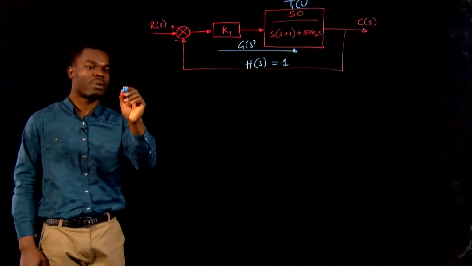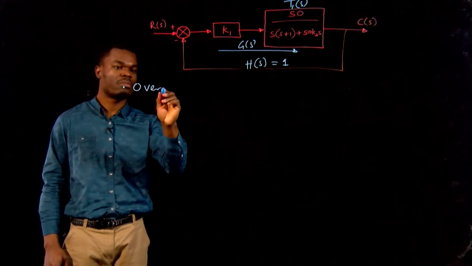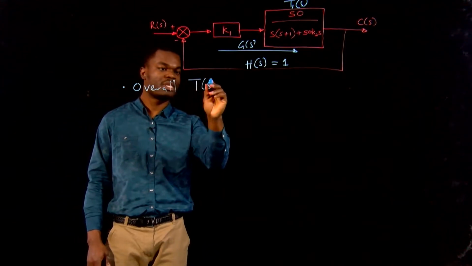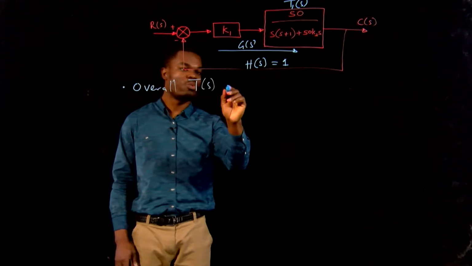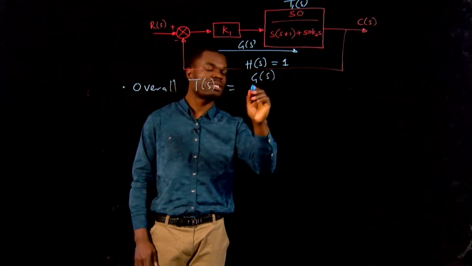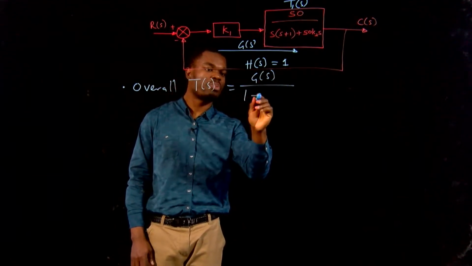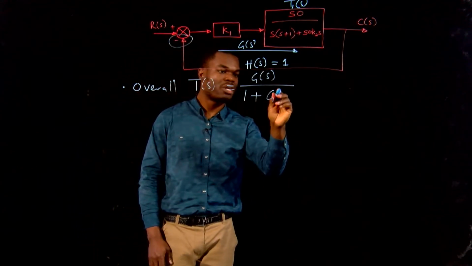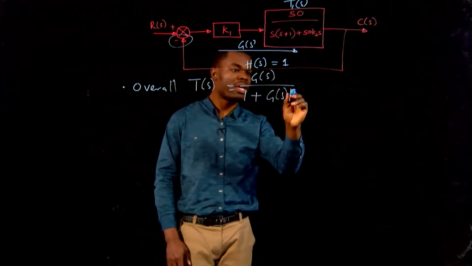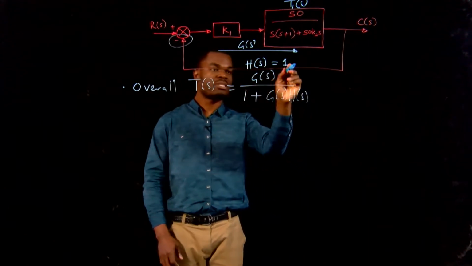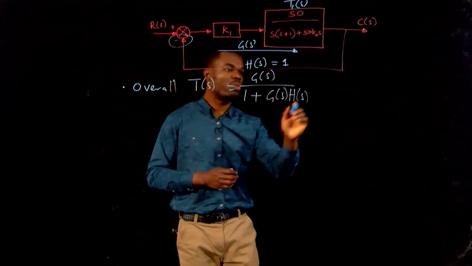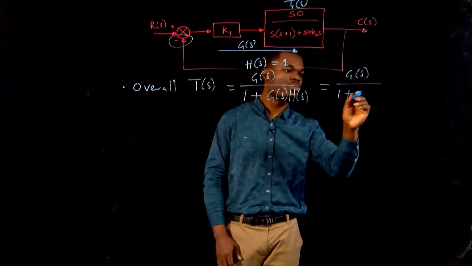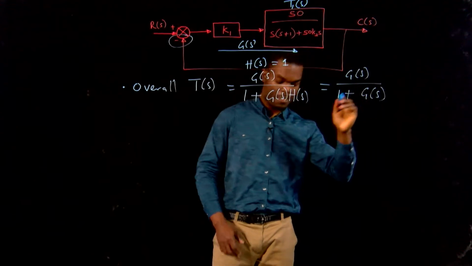So therefore, the overall closed loop transfer function, if we call this in this case T of s, will now be G of s, which is the forward path transfer function, all over 1 plus, again this is negative feedback, so that becomes plus G of s multiplied by H of s. And of course, since H of s is equal to 1, we can write this as G of s over 1 plus G of s. Okay?